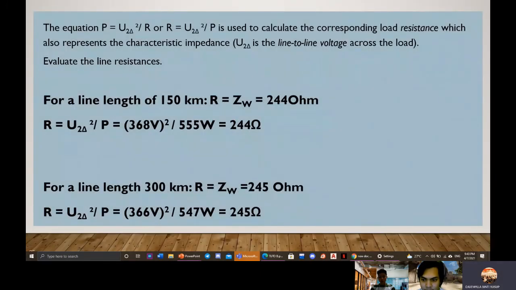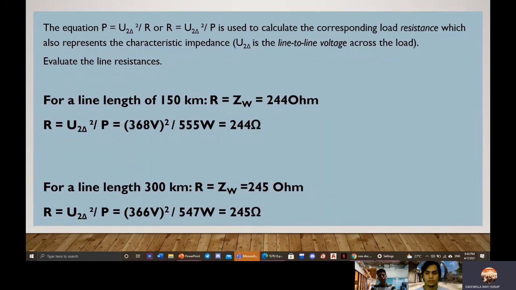Okay, the equation for power is U squared divided by R, which means R equals U squared divided by P. It's used to calculate the corresponding load resistance, which also represents the characteristic impedance, where U is the line-to-line voltage across the load.